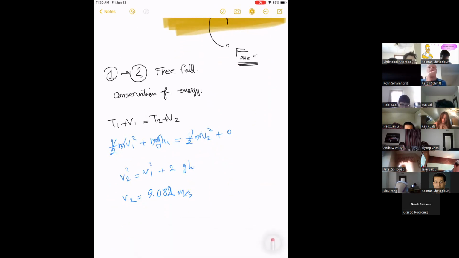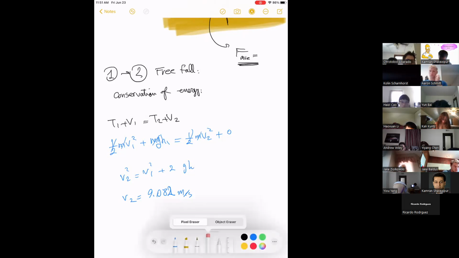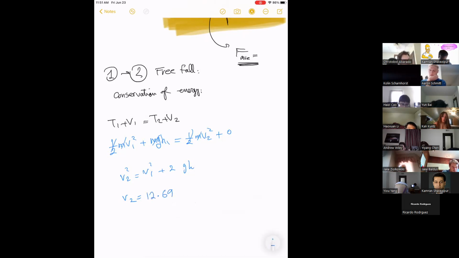So one more time. 9.81 times 2 times, I think, plus 4, square root, is going to be 12 something. Did you guys get the same? 12.69 meters per second. Did you get the same number? I got the same number.